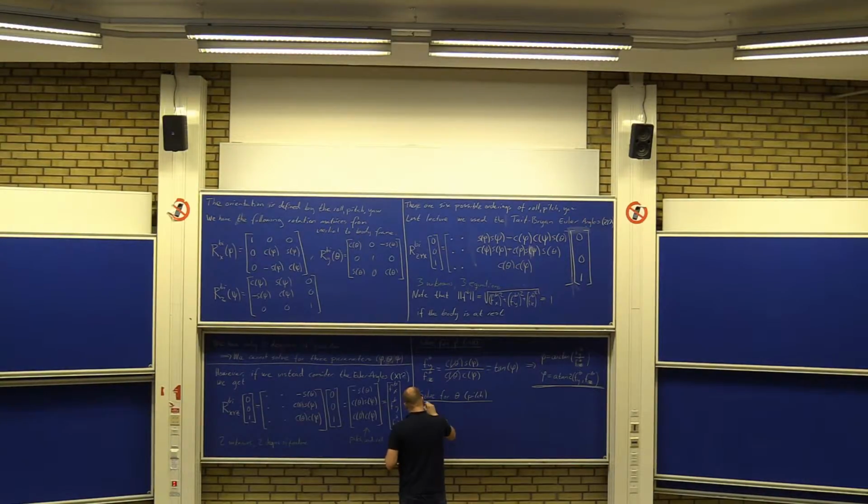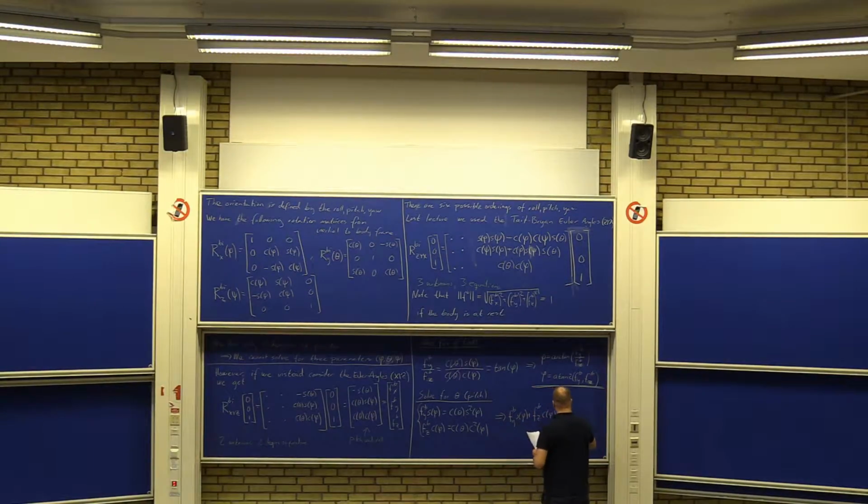So if we add them up, fyb sine of phi plus fzb cosine of phi will then be cosine of theta times sine square of phi plus cosine square of phi. And this is always equal to 1, right?